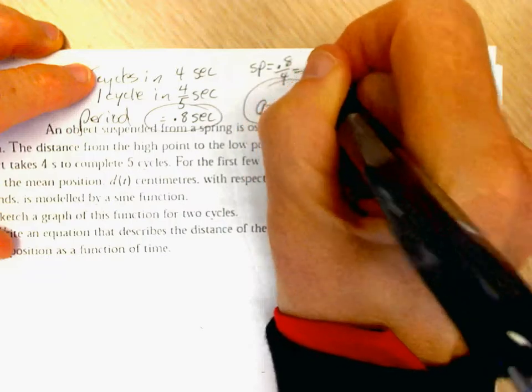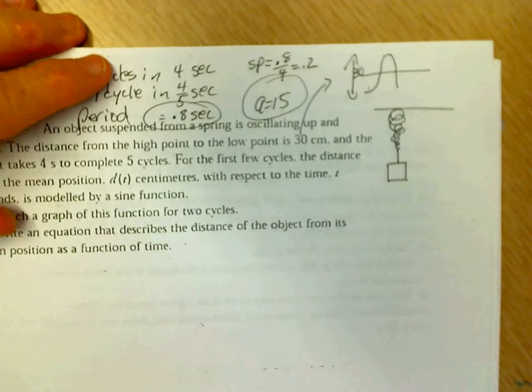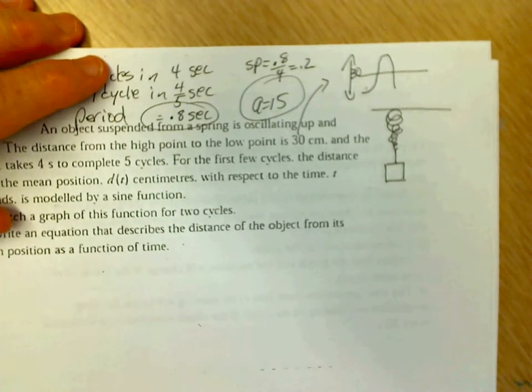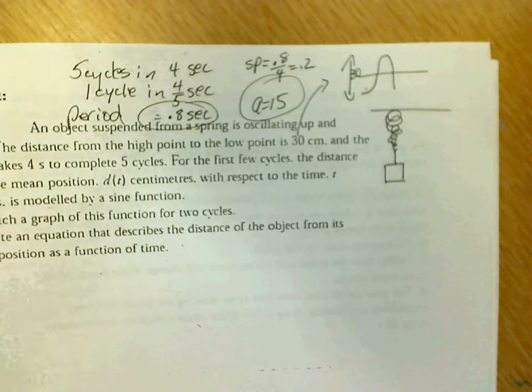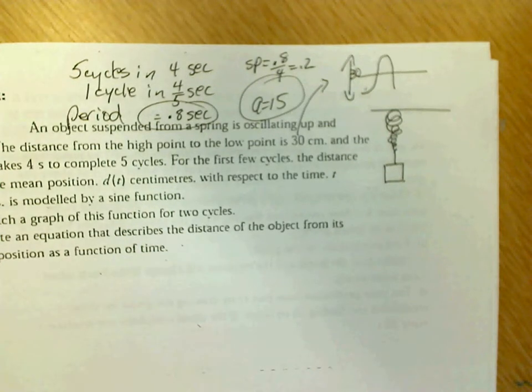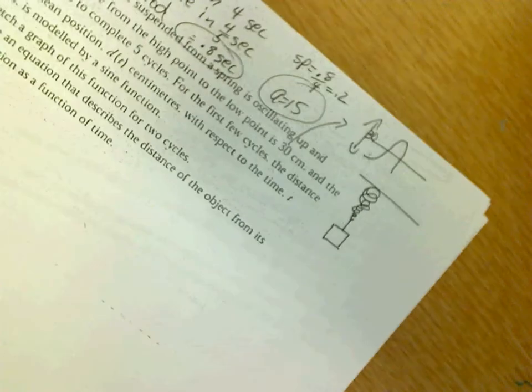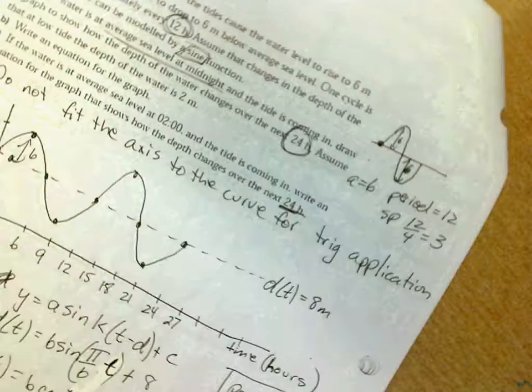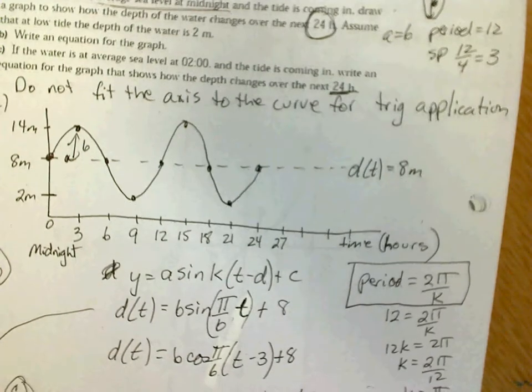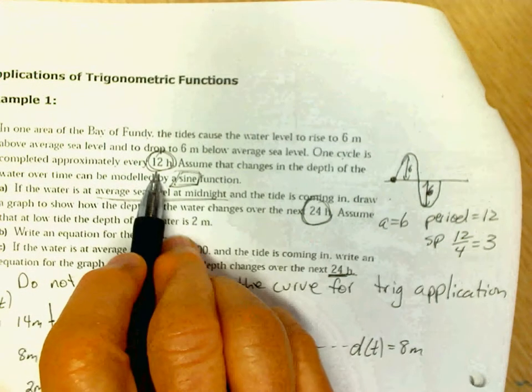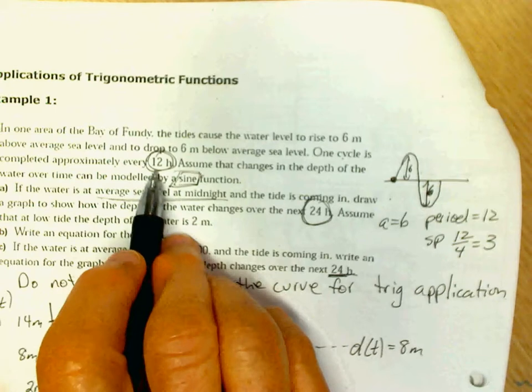Michael, did you have a question? I just remember you raising your hand before. How do you know the period number? They tell you one cycle is completed every 12 hours, so one cycle takes 12 hours, or the period is 12 hours.